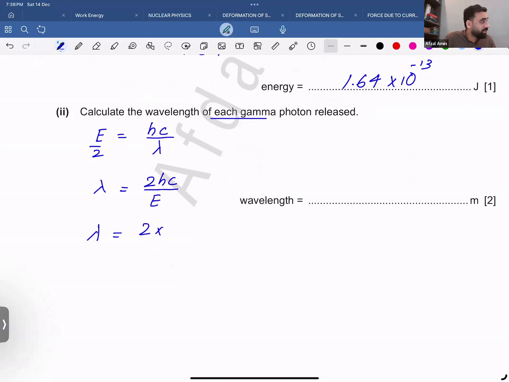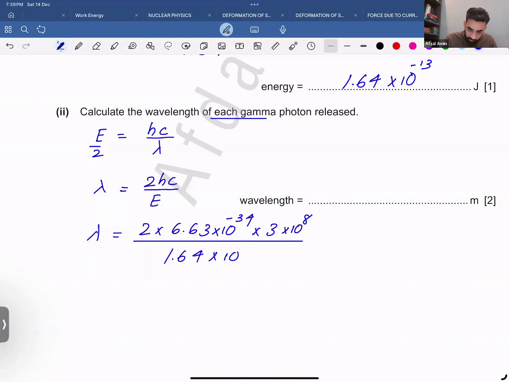6.63 × 10^-34, just check it out in the books. C is 3 × 10^8 over E, 1.64 × 10^-13.